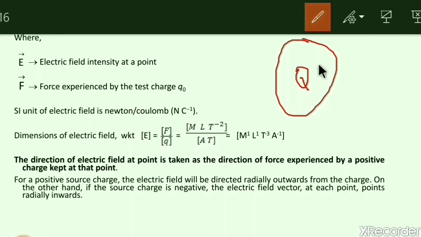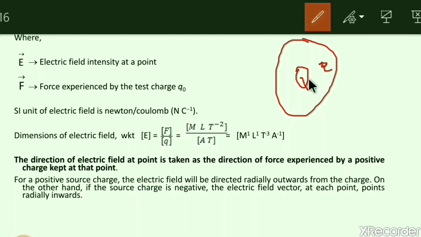At any point you can bring a small test charge, you can mention it as q or q naught, then it will experience an electrostatic force of attraction or repulsion, indicating that in this region there exists electric field intensity due to the source charge capital Q, and it is mathematically calculated as F by q.